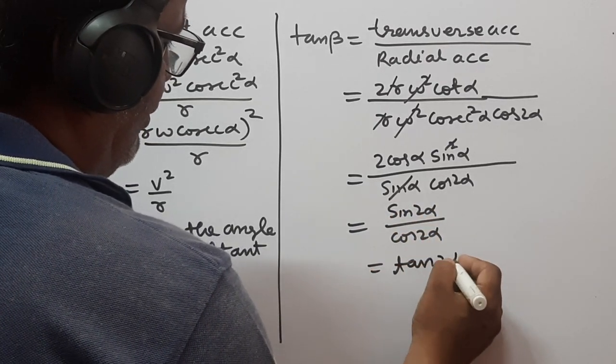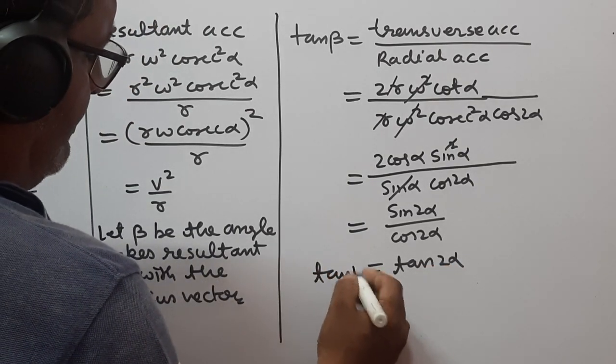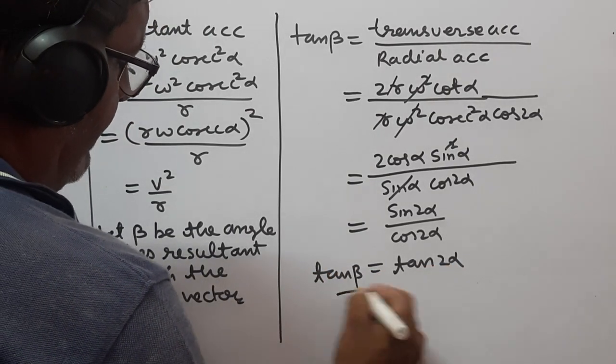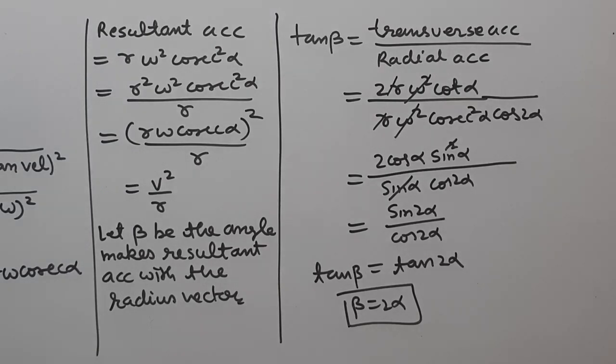This is equal to 2 tan 2α. So β is equal to 2α. Hence proved. Thank you.